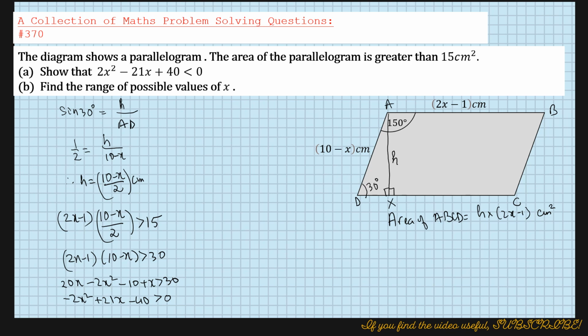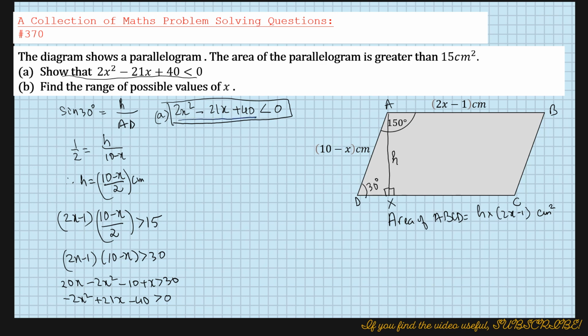So we can switch the inequality sign by writing 2x squared minus 21x plus 40 is less than 0. So hence we have proved part A. That's what we have to show. The next bit is to solve this inequality to find the range of values for x.